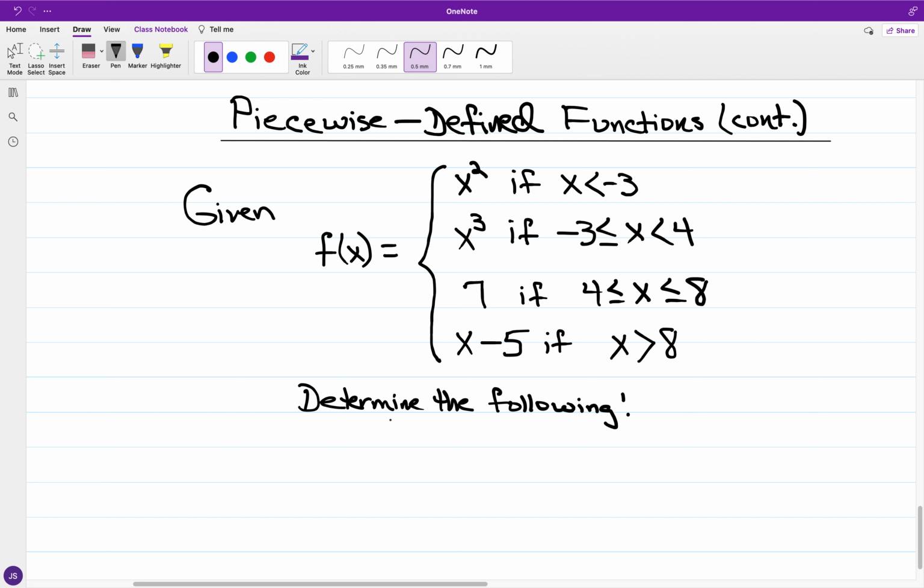And say we have first of all, let's say, we have f of 2. And say we have f of 10 and f of negative 1.